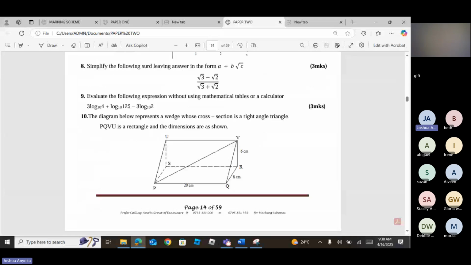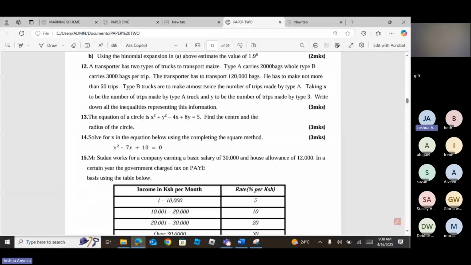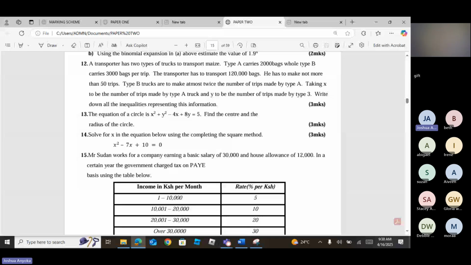The equation of a circle is x squared plus y squared minus 4x plus 8y equals 5. Find the center and radius.